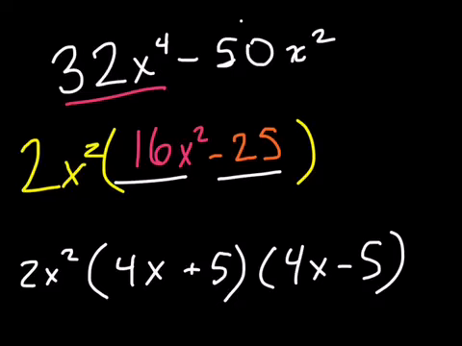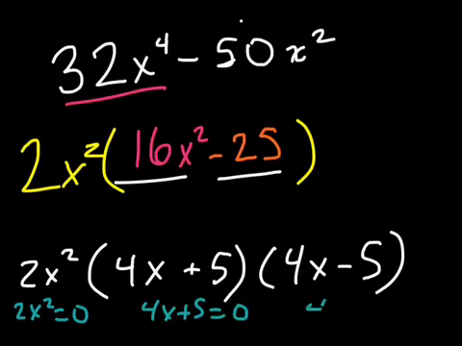So we're not going to work all these out, but we would just do 2x squared equals 0. That would give us solutions. 4x plus 5 equals 0. There's another solution. And 4x minus 5 equals 0. These 3 places are going to give us the solutions.